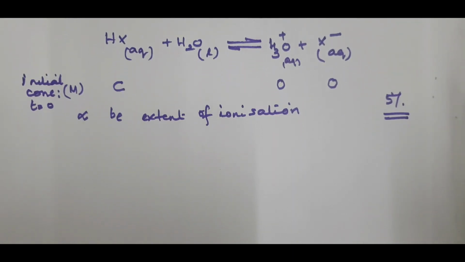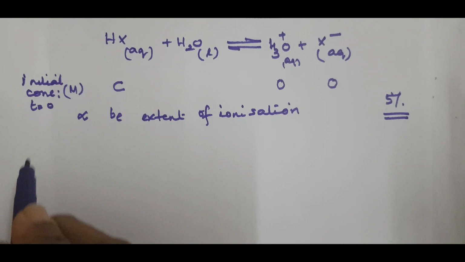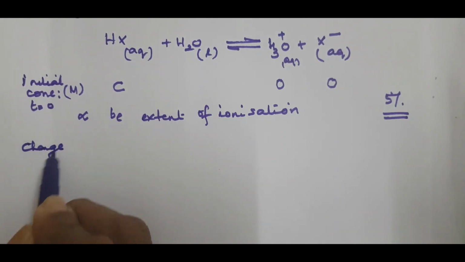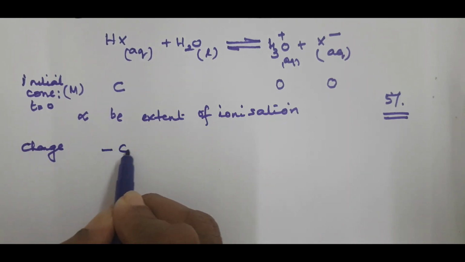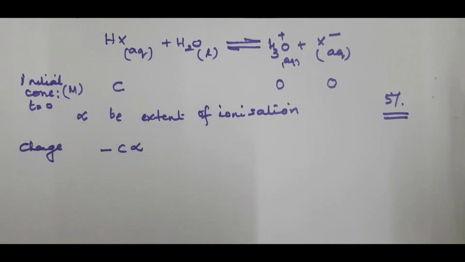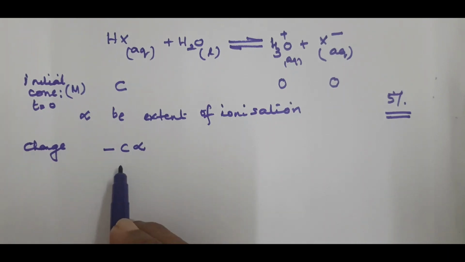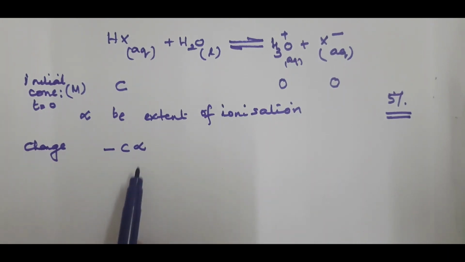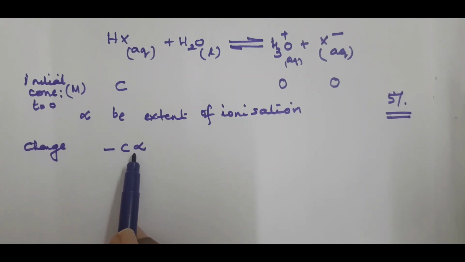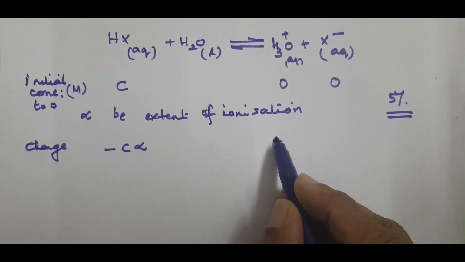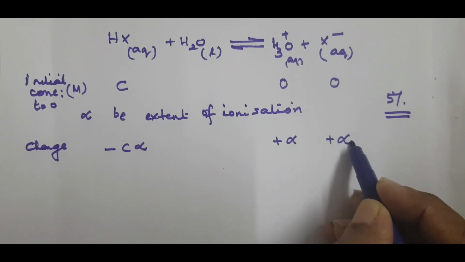Clear? So if alpha is the extent of ionization, then the change in concentration of the weak acid is minus C alpha. Why minus C alpha? Because the minus sign indicates that the reactant goes on decreasing, and alpha is the extent of ionization and C is the initial concentration of the weak acid.